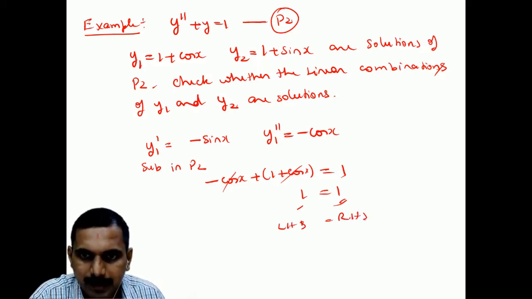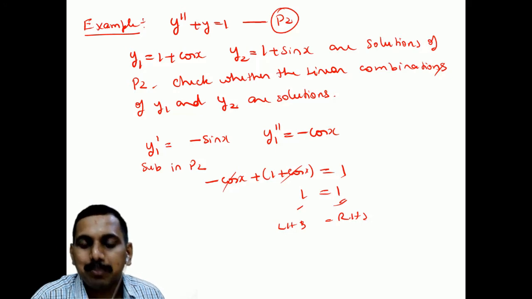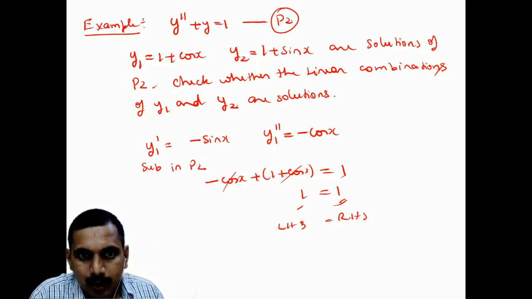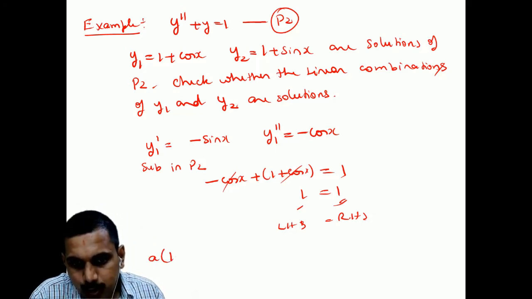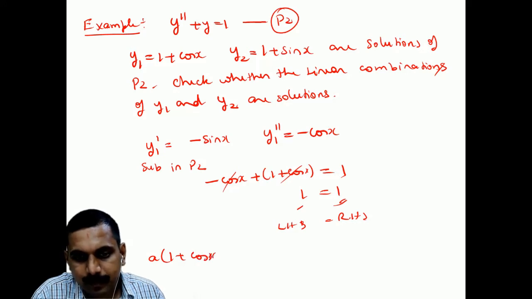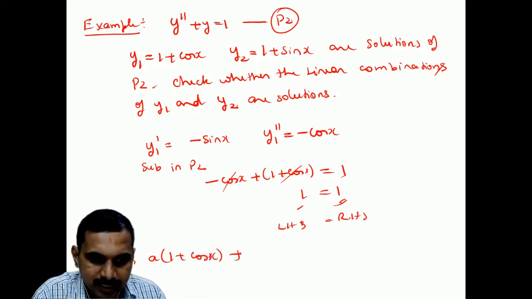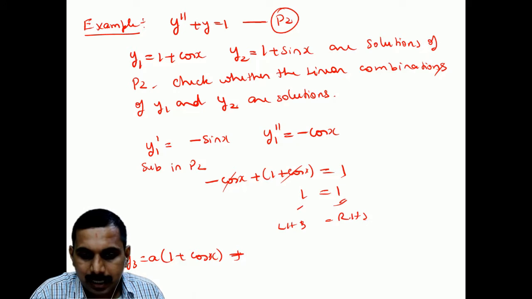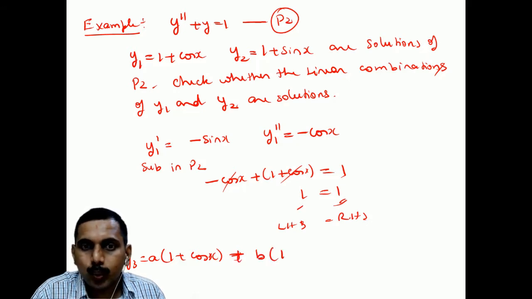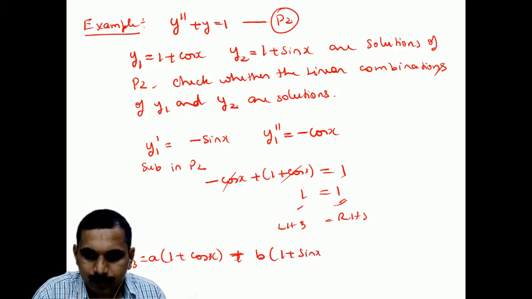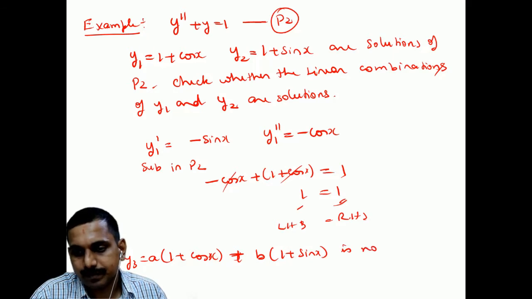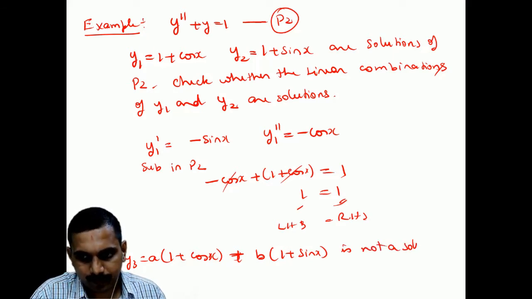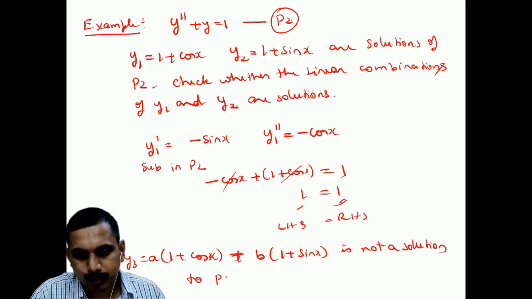Similarly, 1 plus sin x is also a solution, but y3 equal to a into 1 plus cos x plus b into 1 plus sin x is not a solution to P2.